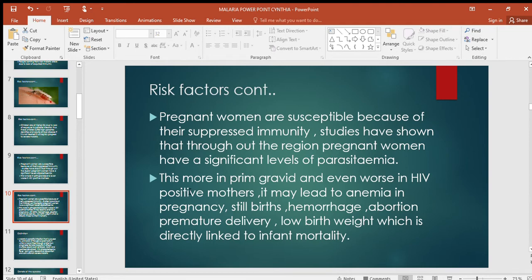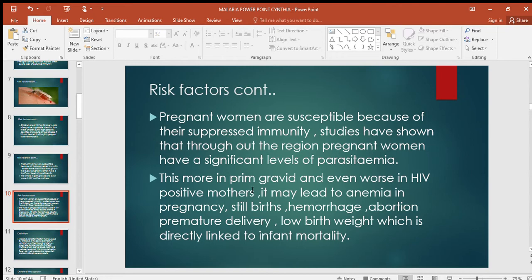For the primigravida and for those who are HIV positive mothers, malaria can lead to anemia in pregnancy. It can also cause stillbirth, which is giving birth to a baby which has died.